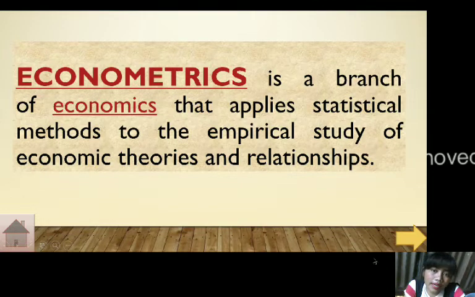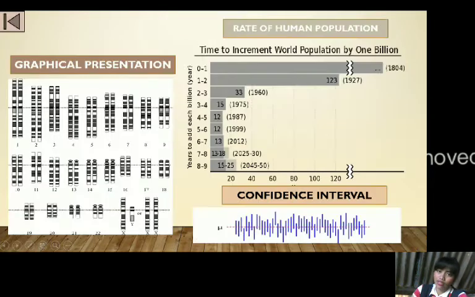Applied econometrics uses theoretical econometrics and real-world data for assessing economic theories, developing econometric models, analyzing economic history, and forecasting.